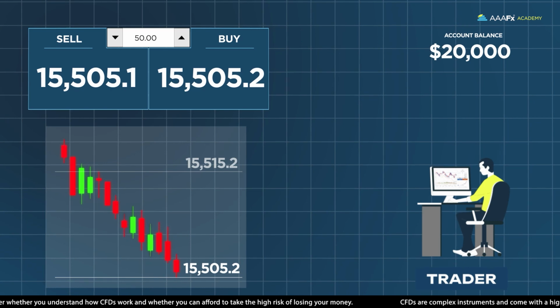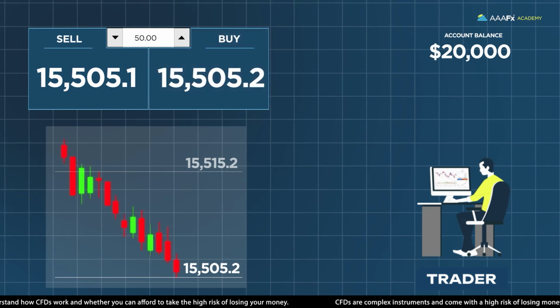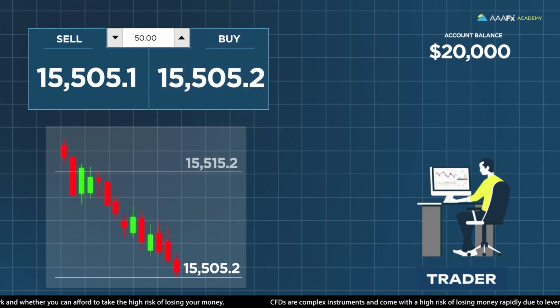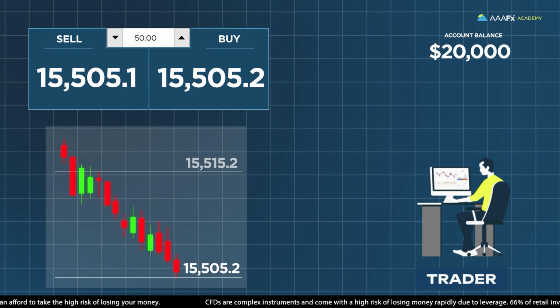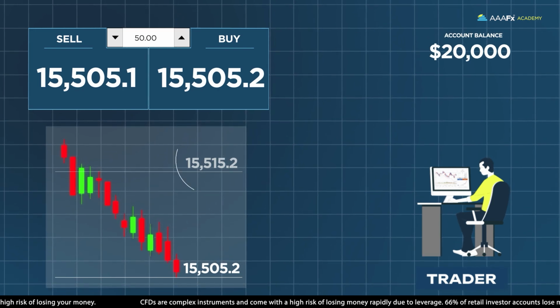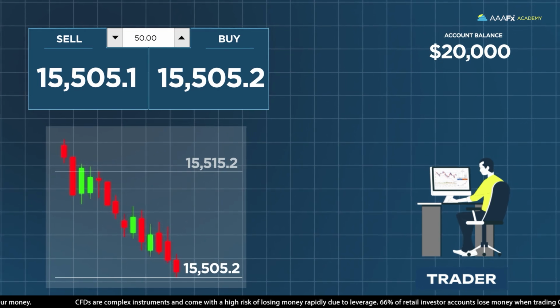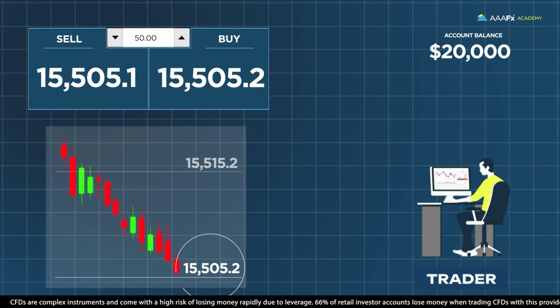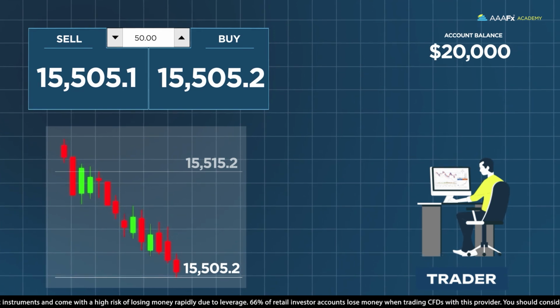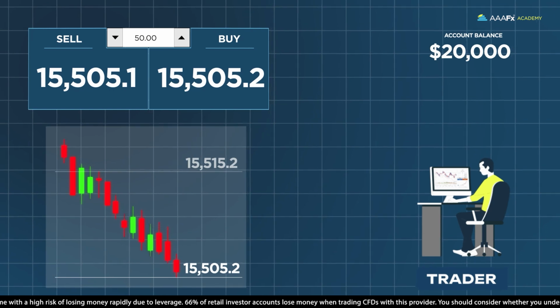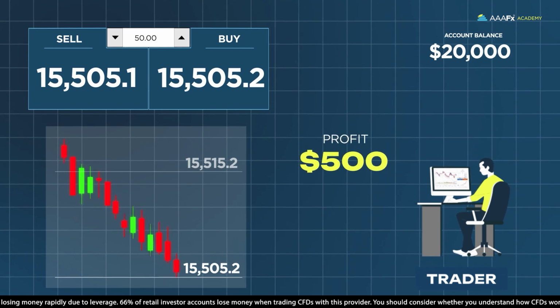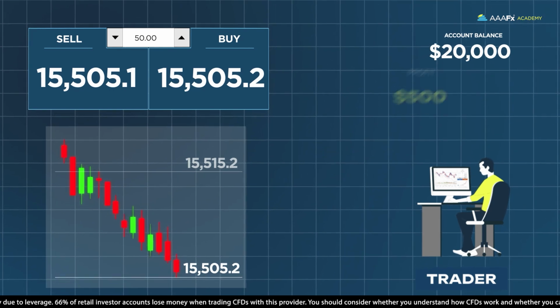You can close out your trade by buying your contract at this lower price. This action settles the difference between the CFD's opening price, which is $15,515.20, and the closing price, which is $15,505.20, resulting in a profit of $500, which will be added to your account balance.